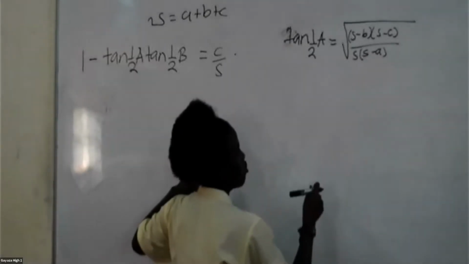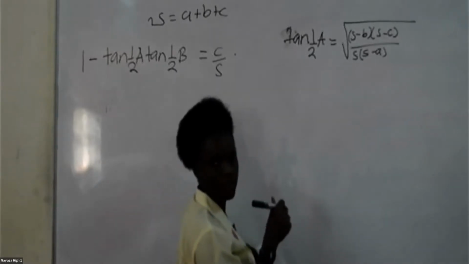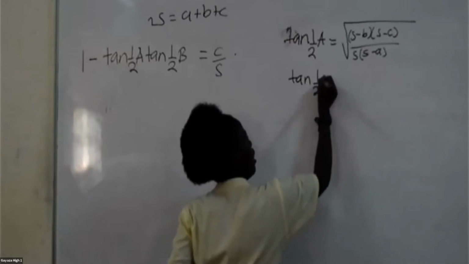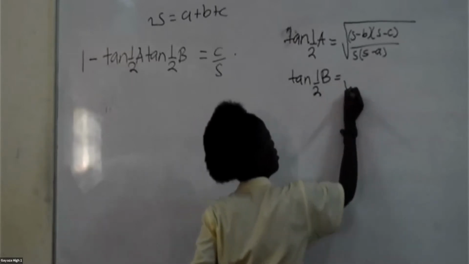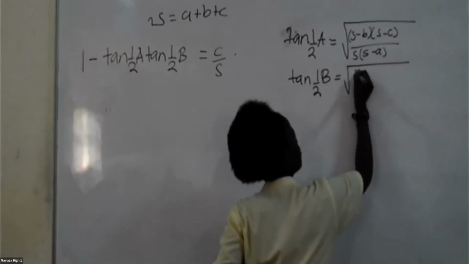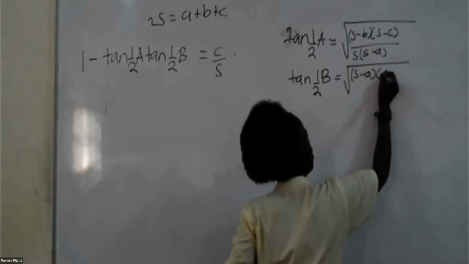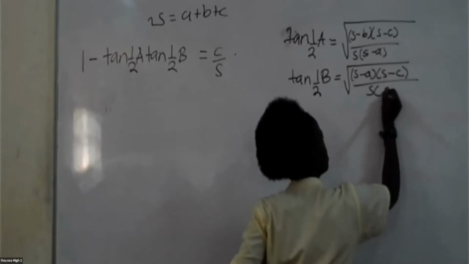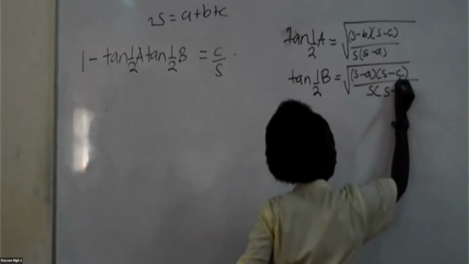And from this I can also deduce the tan over half of B. So that will be tan a half of B is square root of s minus a into s minus c out of s into s minus b.